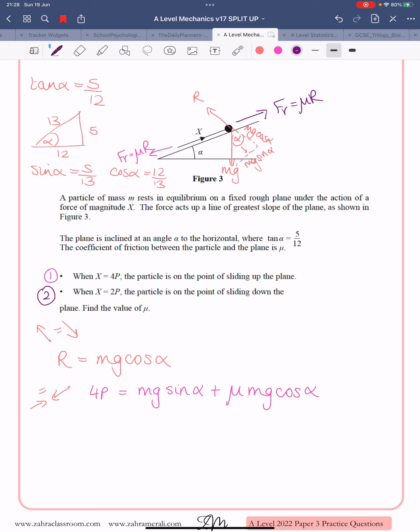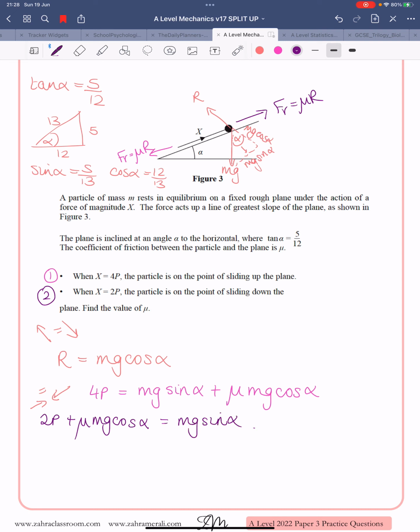And then going the other way, this time exactly the same, we're going up the slope. Instead of 4p, we've got 2p, but we've also got mu R. It's going the other way this time, and that equals mg sin alpha.